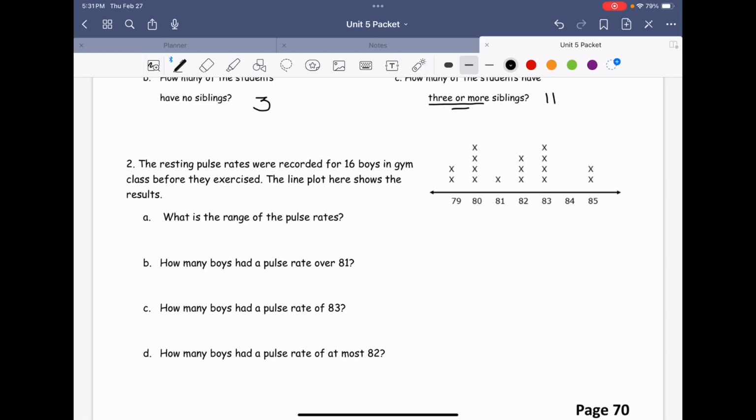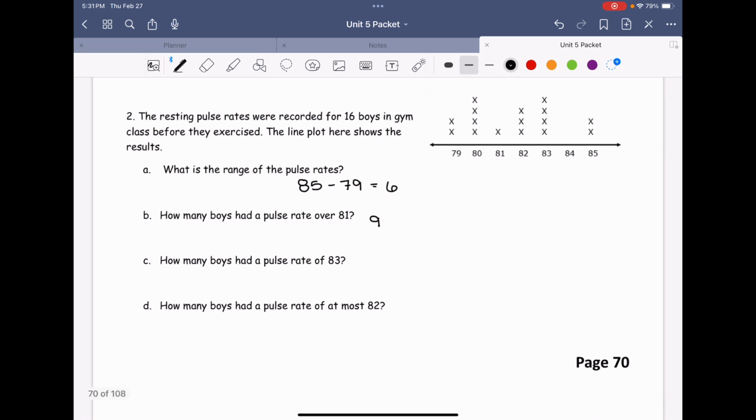All right, so range, remember, is the highest value minus the lowest value. So 85 minus 79 is going to give us 6. It says how many boys had a pulse rate of over 81. So that is not going to include 81. There are 9 individuals with a pulse rate over 81. Pulse rate of 83, so that'd be exactly 83.